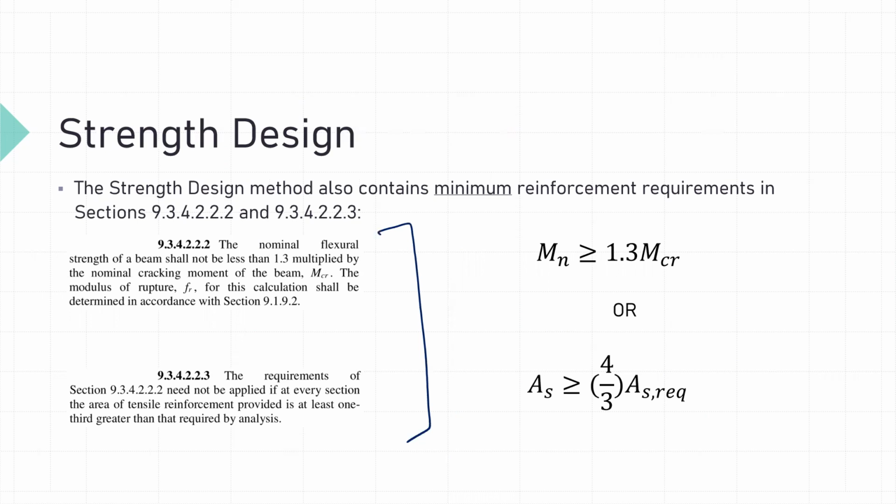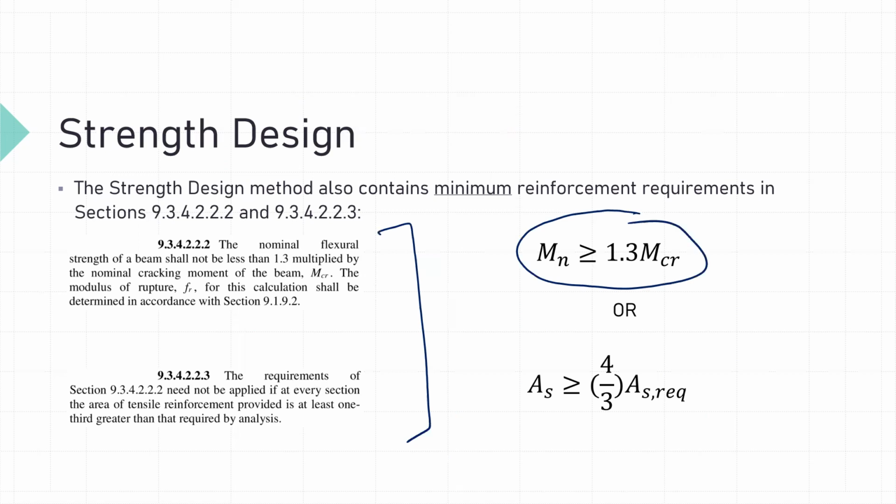If we have a situation, which could occur maybe, where a beam is very, very lightly reinforced, that the bending moment required to cause yielding of the reinforcement is less than the bending moment that is going to cause cracking, we can actually have a very brittle type failure. And so our nominal moment capacity needs to be greater than or equal to 1.3 times our cracking moment.